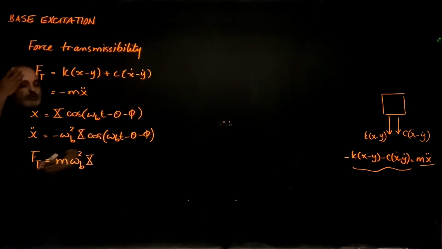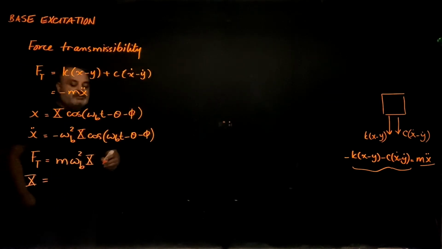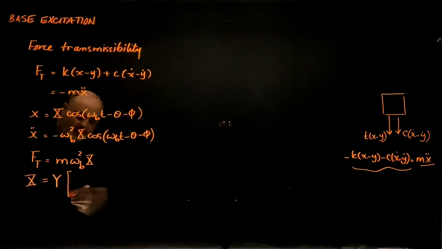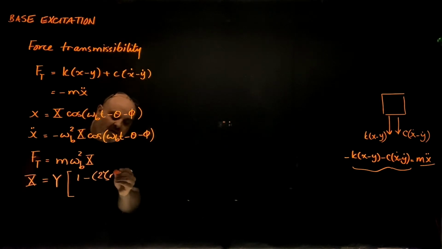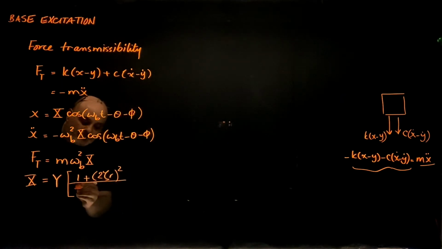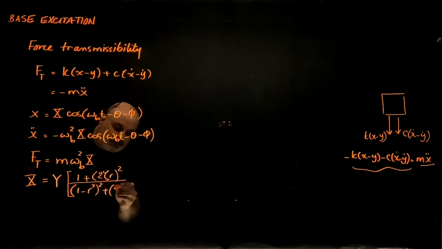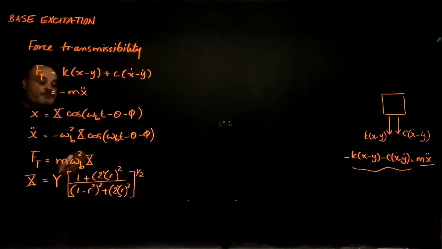But recall that X over Y, the distance transmissibility, or the amplitude X itself, was Y times the square root of (1 plus (2 zeta r) squared) divided by ((1 minus r squared) all squared plus (2 zeta r) all squared). Okay.